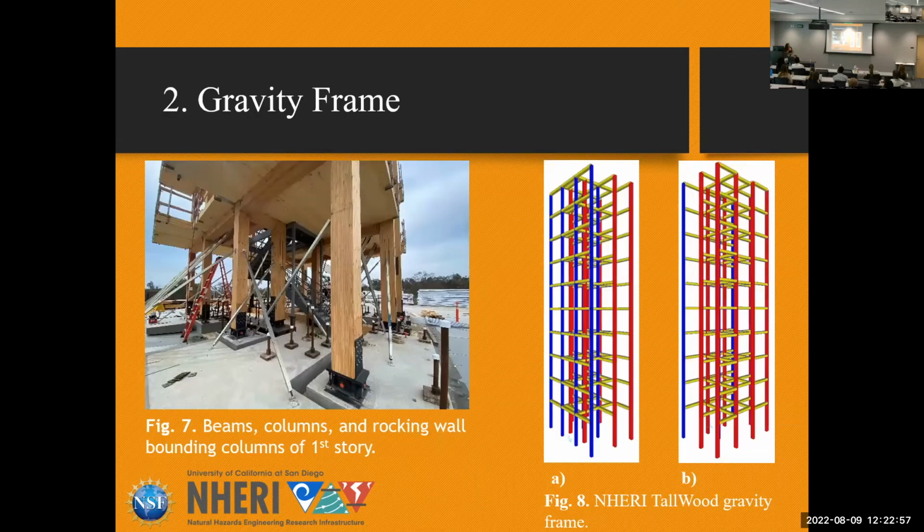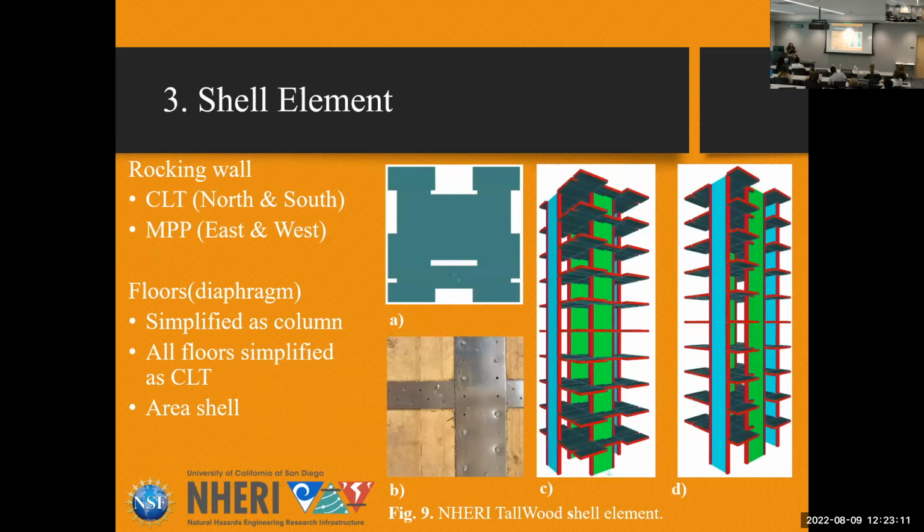The next part is the gravity frame. The gravity frame for our building is the beams and the columns. On the left you can see it in actual life, and on the right you can see my version of it in SAP. The next part is the shell element, which for us is the 2 rocking walls, where the green is the CLT rocking wall and the blue is the MPP rocking wall.